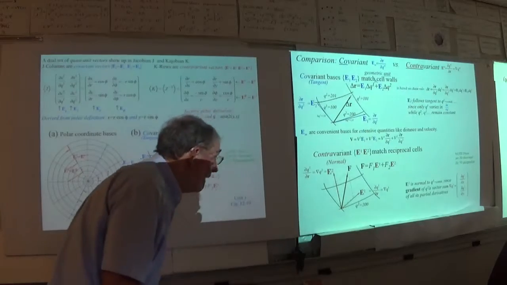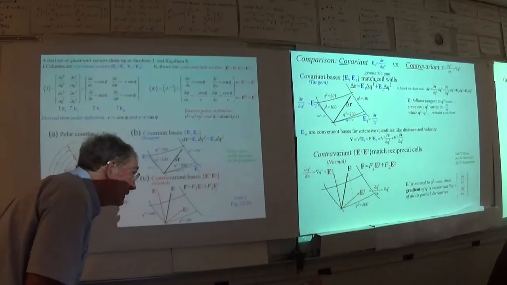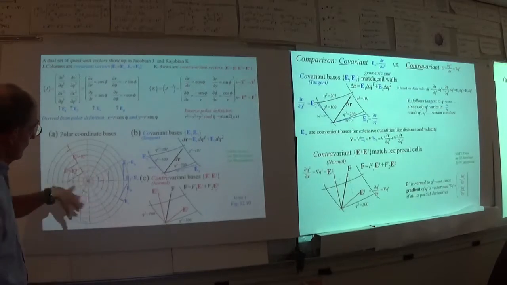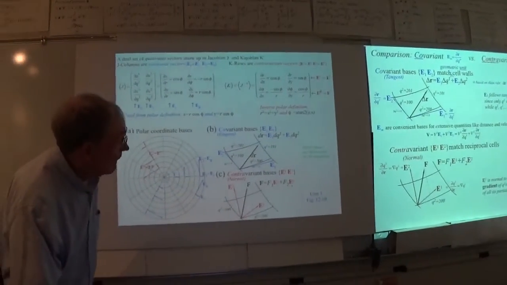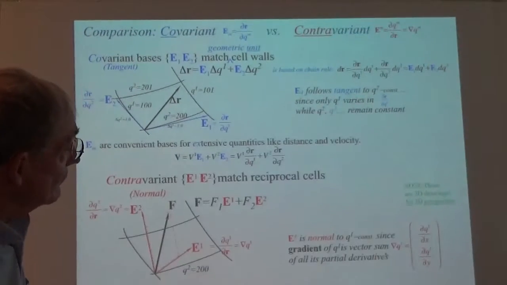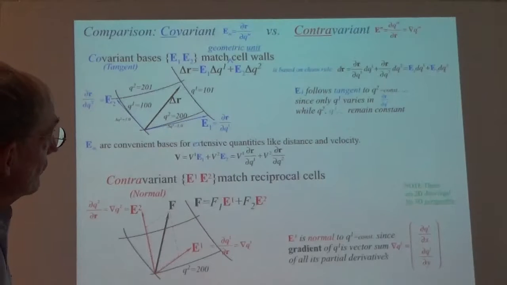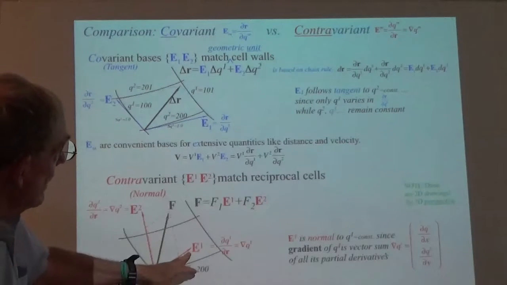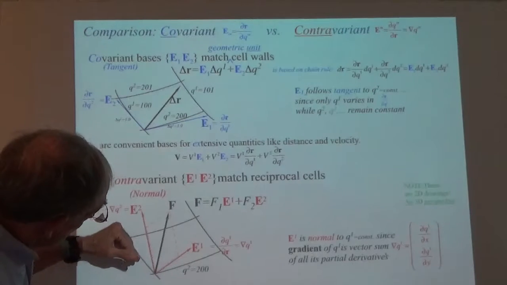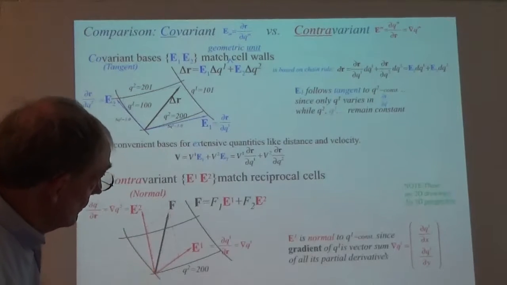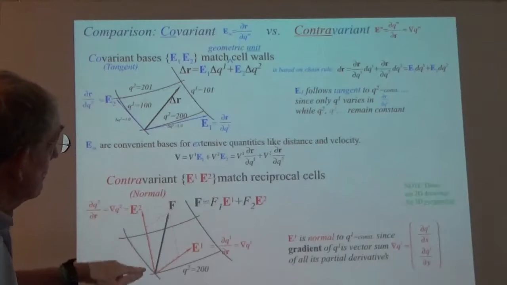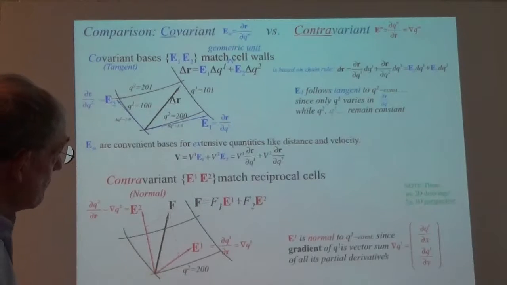Okay. Now, what happens here, and that's the thing that really makes this work, and first of all, there's the polar thing that we're going to be using this for. Okay, so here are those two situations with the gradient now being used, and of course that means it has to be perpendicular to that curve at the point that we're evaluating. Okay? And then this one right here has to be perpendicular to Q2.